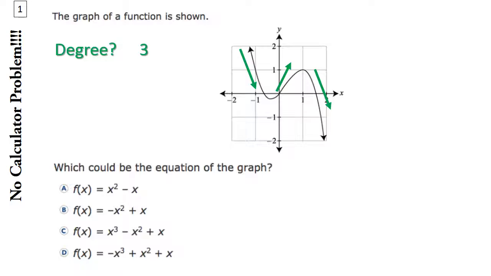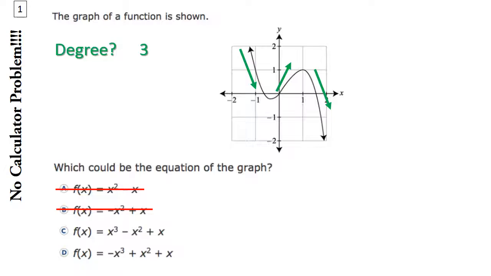Well, if we know this is degree 3, we know that the biggest exponent in the equation is going to be the degree. So we can already eliminate 2 answers. It's not going to be A or B, because neither one of those is degree 3. They're degree 2. But the other 2 are both degree 3.